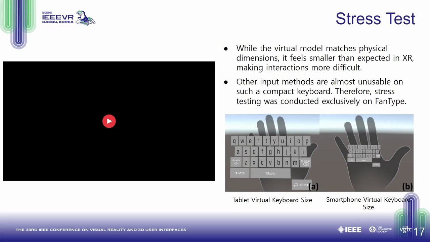Besides the main experiment, we also applied a stress test. We noticed that while the virtual model matches physical dimensions, it feels smaller than expected in XR, making interactions more difficult.